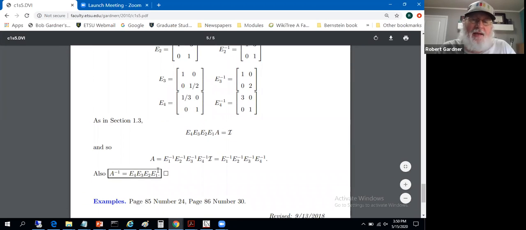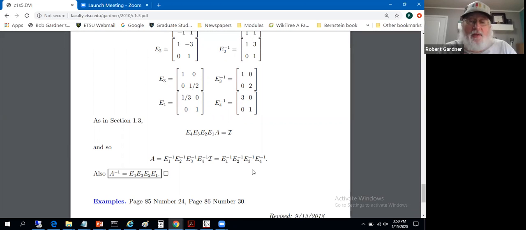We can write A as, they said, a left to right product. It's easier to write out a little bit of the manipulation so you can see it more cleanly, in my humble opinion. But we get A as a product of these elementary matrices, and A inverse is a product of these elementary matrices.